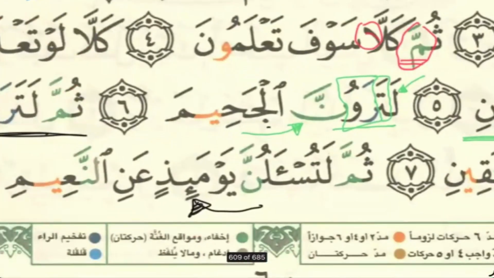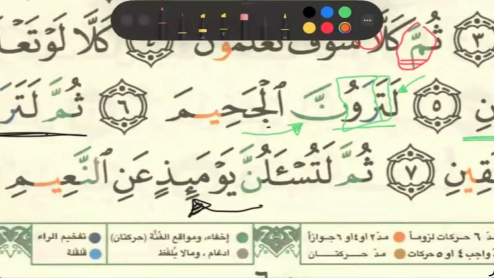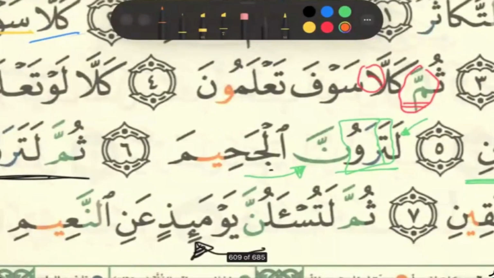Here's a seen. Connected. Here. Notice the first two teeth are closer together than the second and the third tooth. And notice that the third tooth is going in this direction. That's how it looks when it's connected.